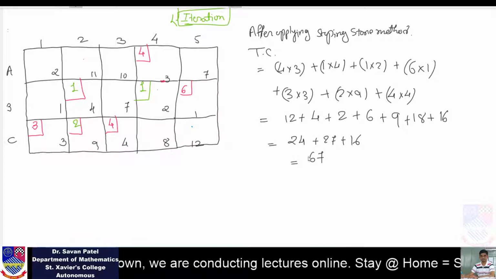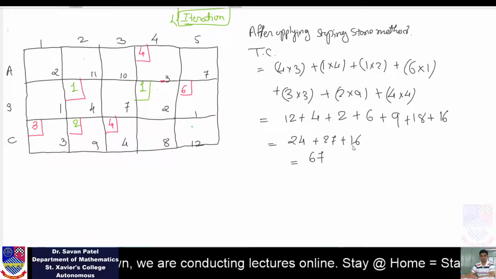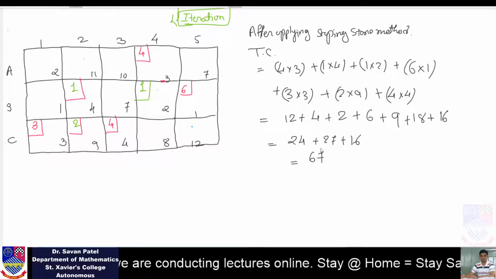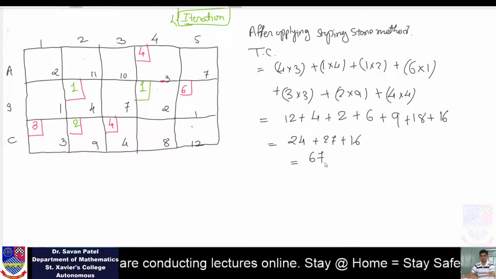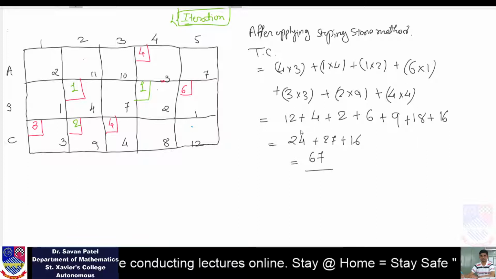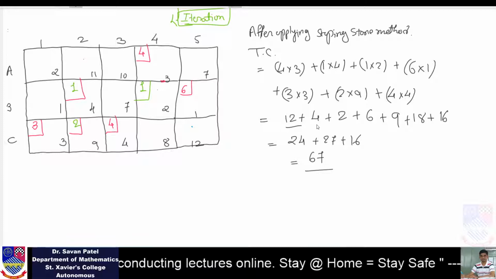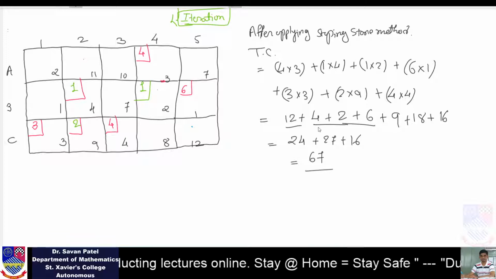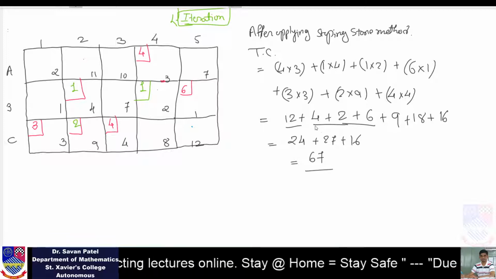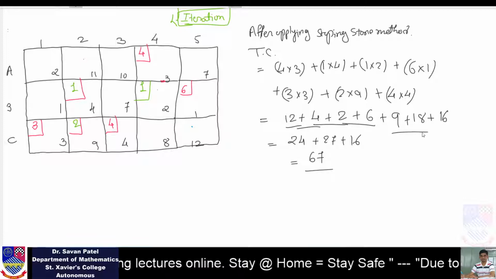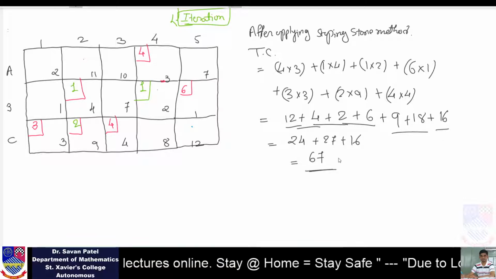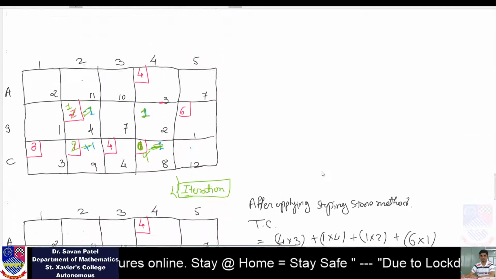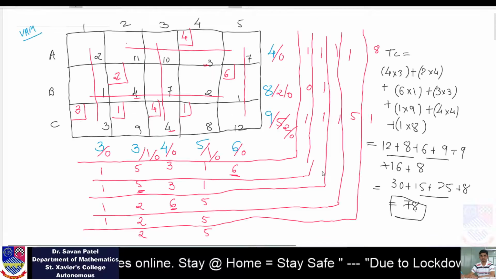It is 24, and this is 27 plus 16, so it is 67. Anyhow, we have reduced the transportation cost. It must be 1 unit difference. Somewhere I have made a mistake.